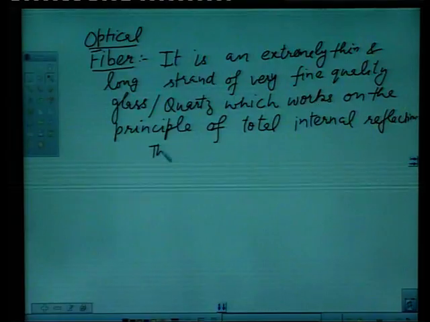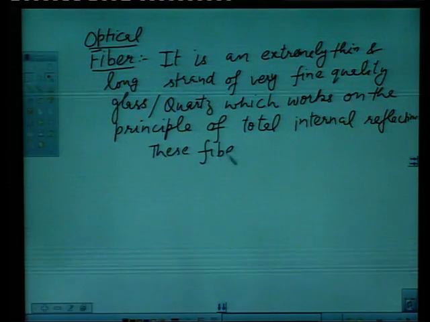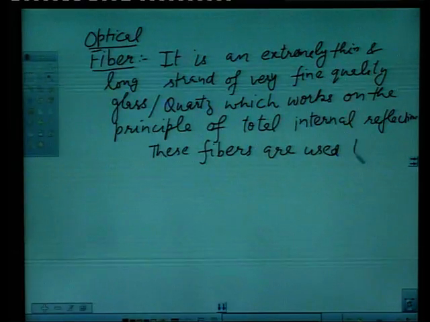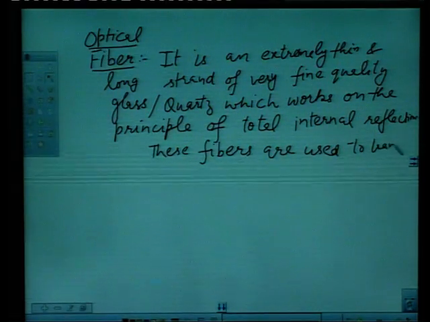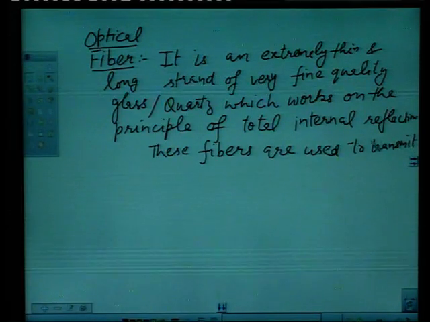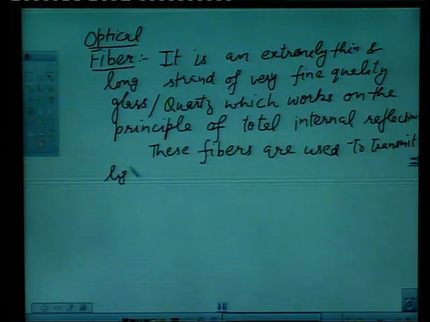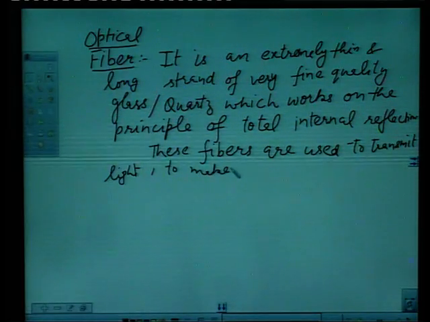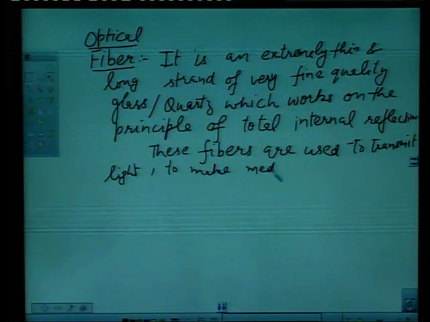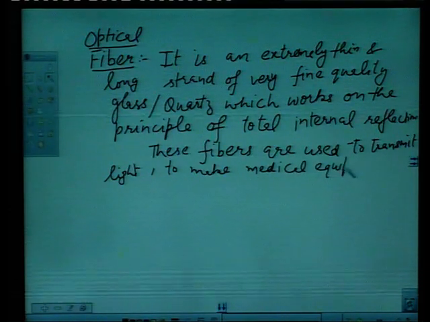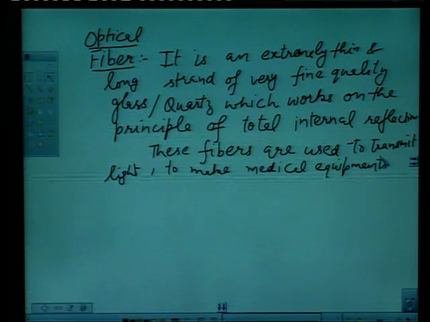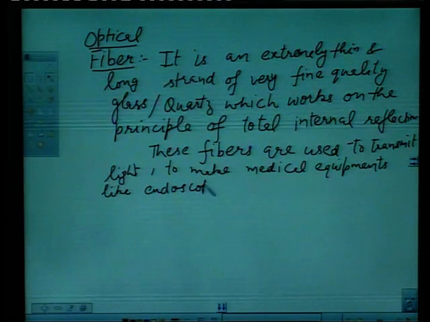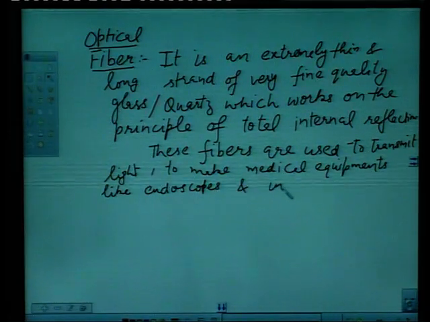Now these fibers are used to transmit light, to make medical equipments like endoscopes, and it is used in telecommunication.